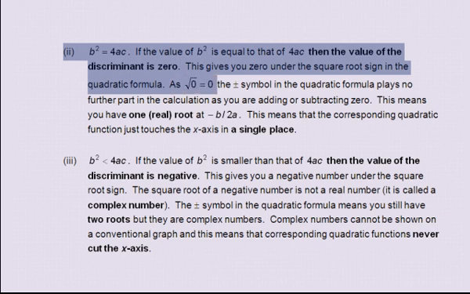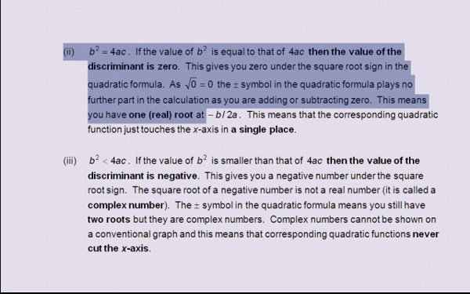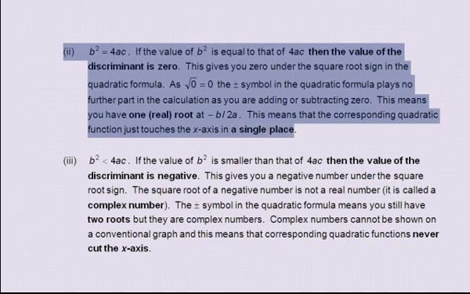As the square root of 0 equals 0, the plus minus symbol in the quadratic formula plays no further part in the calculation, as you are adding or subtracting 0. This means that you have one real root at minus b divided by 2a. This means that the corresponding quadratic function just touches the x-axis in a single place.